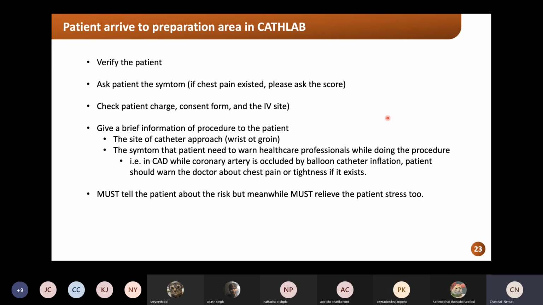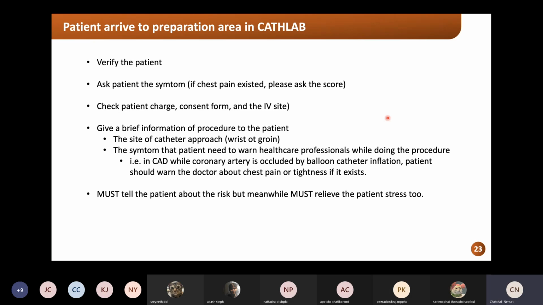So we always have to give the information to the patient, and we have to tell the patient about the symptoms that they need to warn the healthcare personnel surrounding them about while doing the procedure, like in case of CAD again, where the coronary artery is occluded by a balloon catheter.